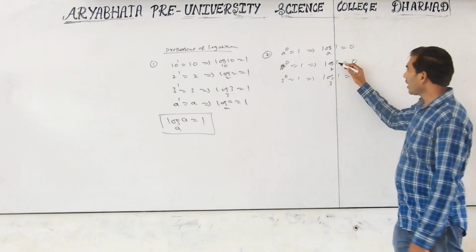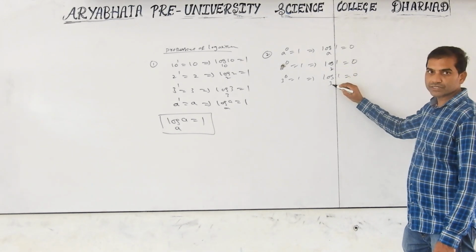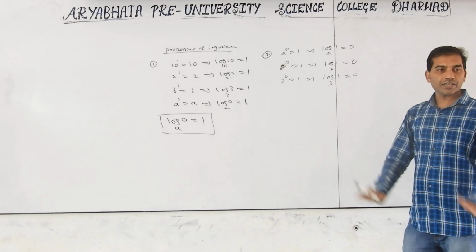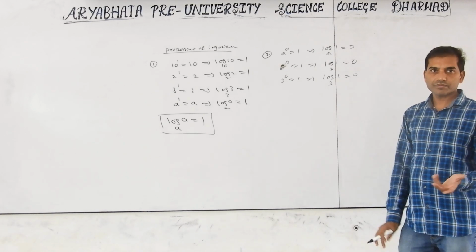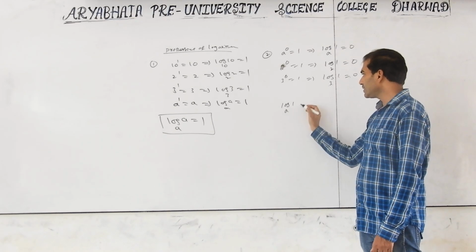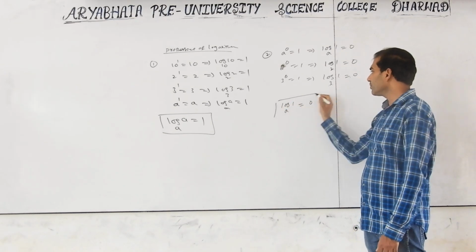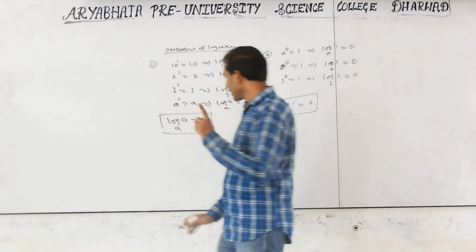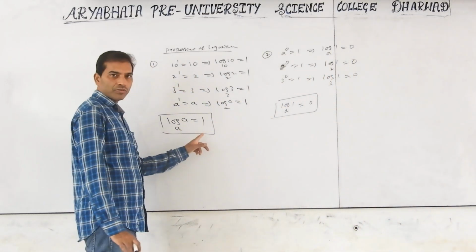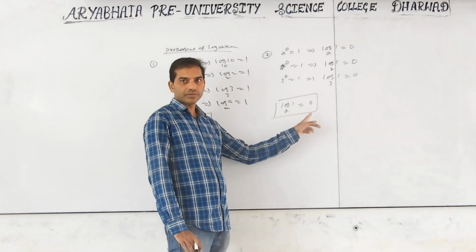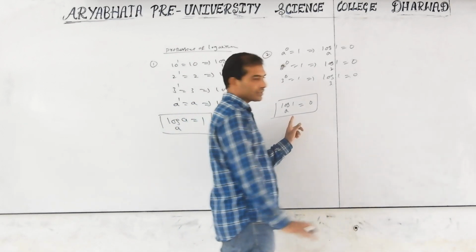See, log 1 base 2, log 1 base 3, log 1 base 4, log 1 base 5, log 1 base anything, 0. So this is the second property, log 1 base a equal to 0. Are you following? First property, log a base a equal to 1. Second property, log 1 base a equal to 0.